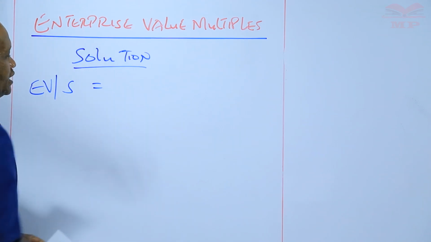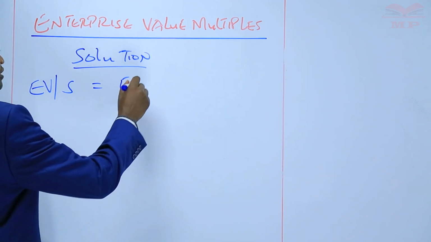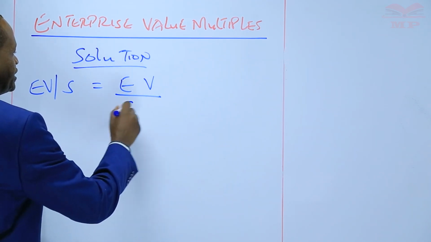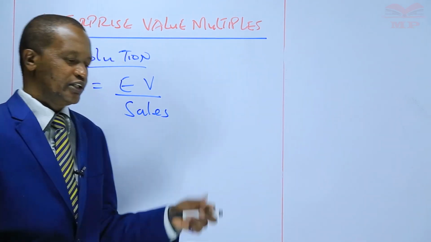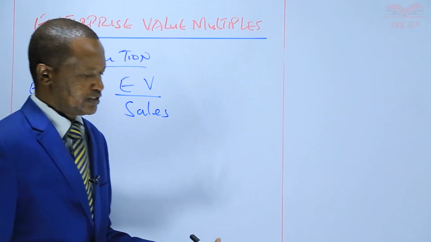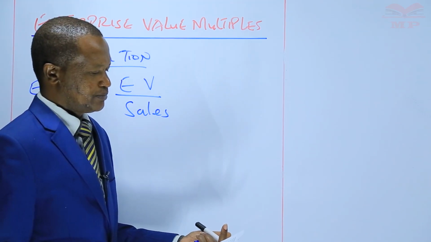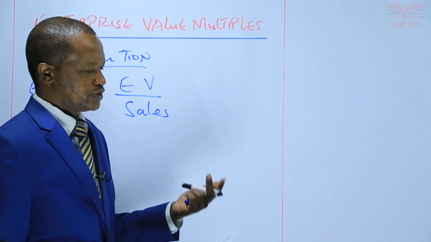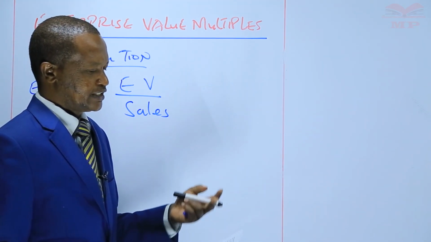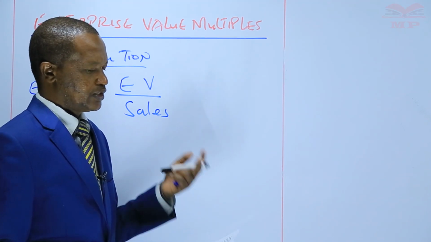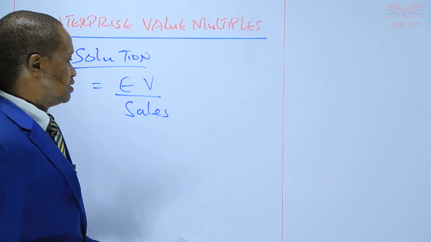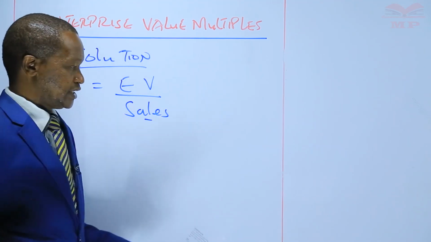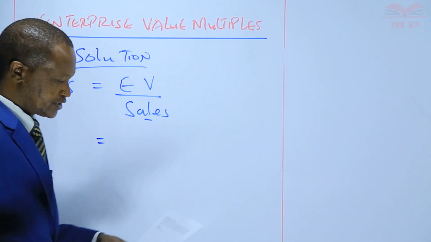The formula is enterprise value over sales. We've been given the figure for sales: Ujuzi Limited reported net sales of 13,373.6 million. That one we don't need to calculate. We already have the amount for sales.